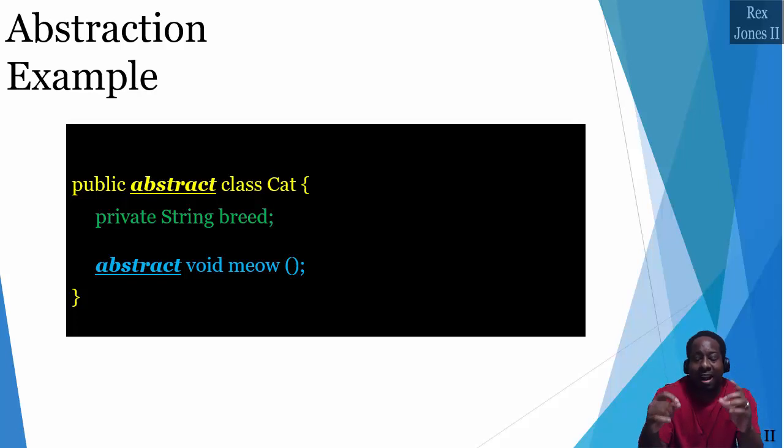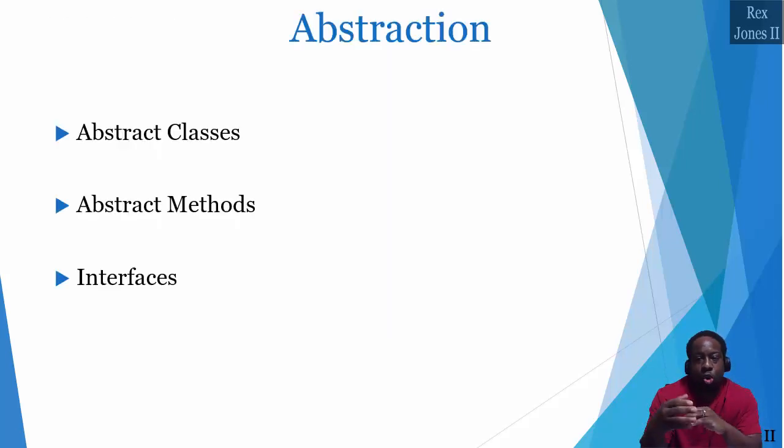Java also provides an interface, which is similar to an abstract class. One of the differences between an abstract class and an interface is that an abstract class can have abstract methods and fully defined methods. The fully defined methods are instance methods, which provide a default action.